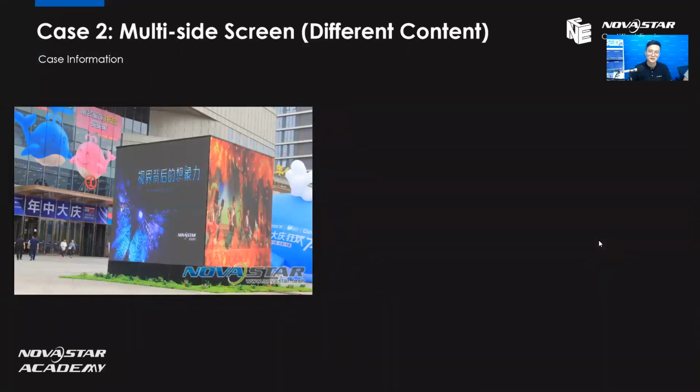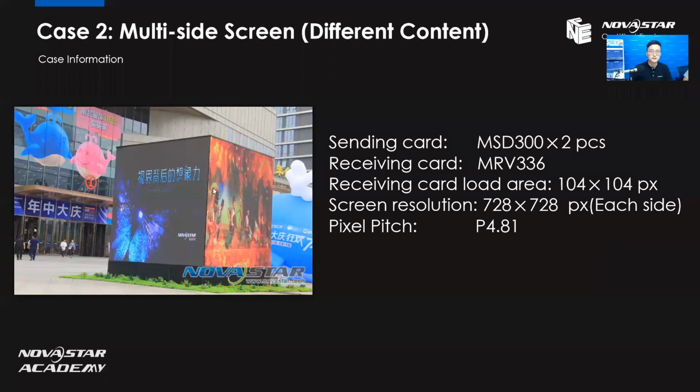Now let's move on to case 2. Case 2 is a multi-sided screen. This case has a 4-side screen, looking like this picture: 1, 2, 3, 4, and the other side. For each side, the sending card we're using is the MSD 300, and we're using 2.